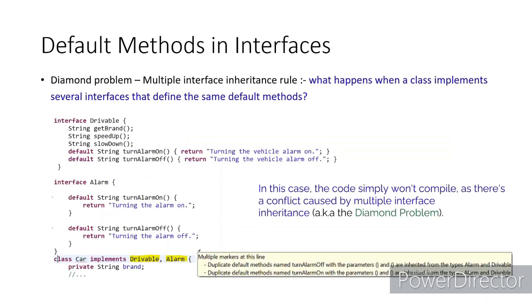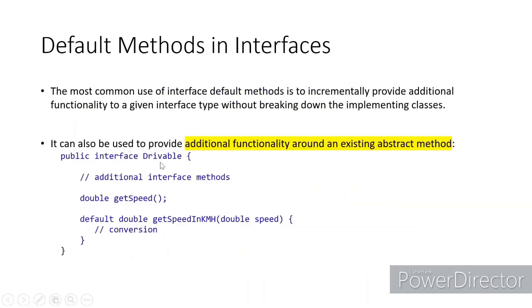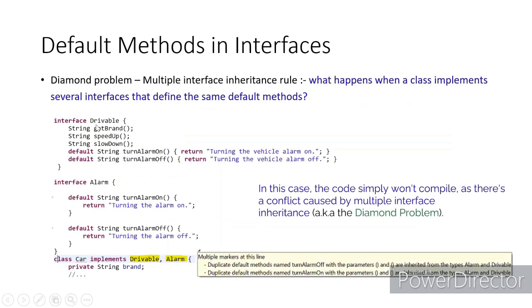For example, let's see the same interface which we discussed just now, the drivable interface. It has default methods turn alarm on and turn alarm off. These are the 2 methods over here.